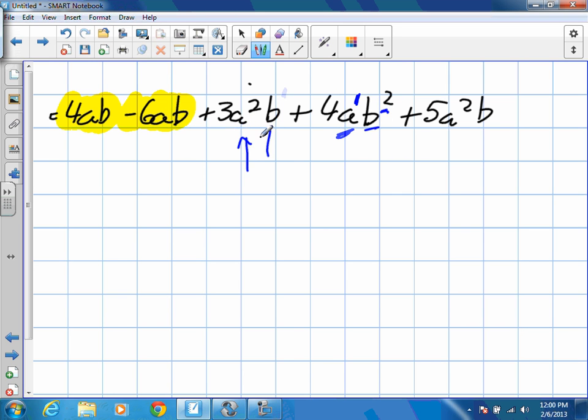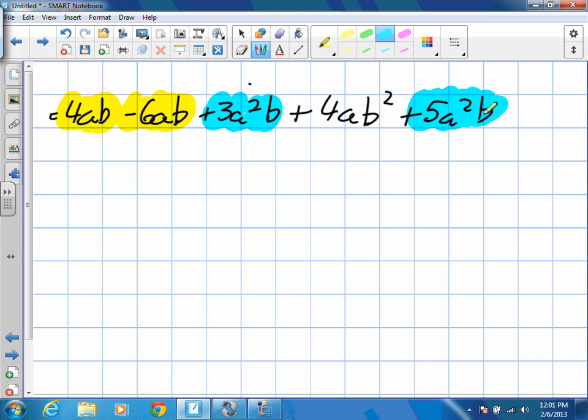So those two cannot be like terms. Even though there's a squared there, you have to make sure each variable has the exact same exponent. Are there any like terms to 3a squared b? That's right. We have positive 5a squared b. Our variables are the same. And 4ab squared is the only one like that.